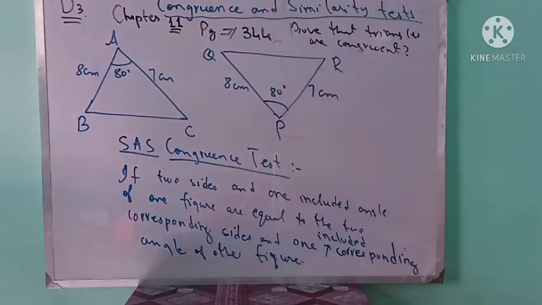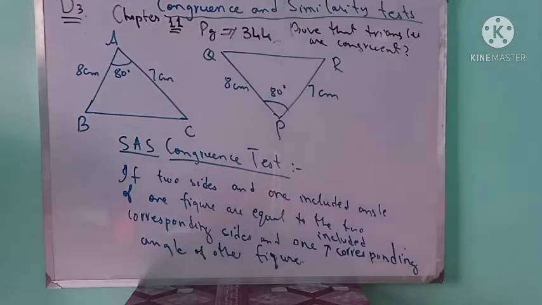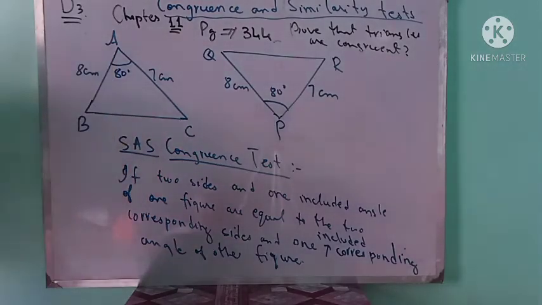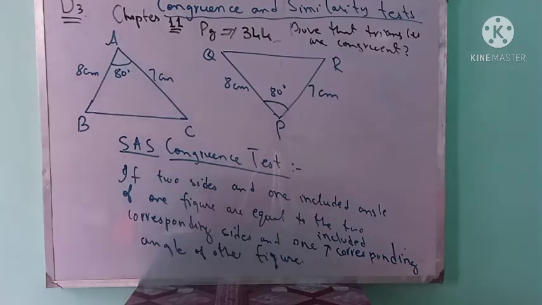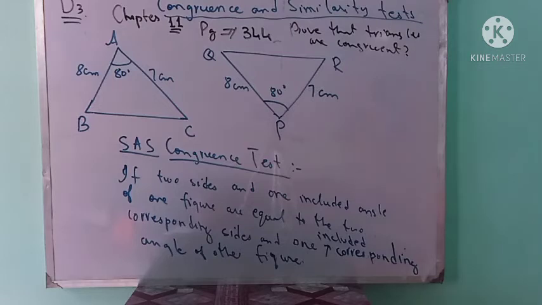So see in the example, I have drawn two triangles for you, and I have mentioned two sides and one angle in the triangle. So let us see these two figures. See triangle ABC. What I told you in the previous question is how we can identify the corresponding sides and corresponding vertices.